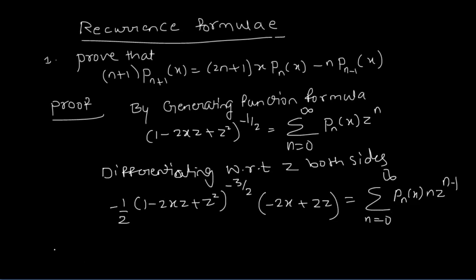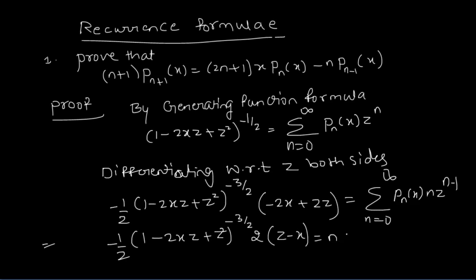Okay, so now this is equal to minus 1 by 2 into 1 minus 2xz plus z square raised to minus 3 by 2. Now here we take 2 common, 2 into this becomes z minus x. Now this is summation from n is equal to 0 to infinity, n into Pn of x z raised to n minus 1.